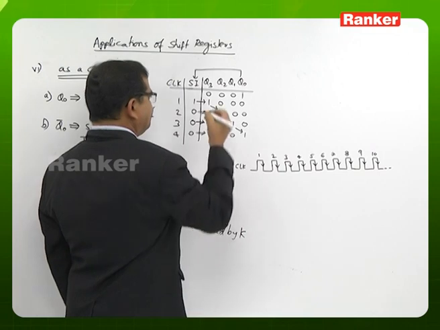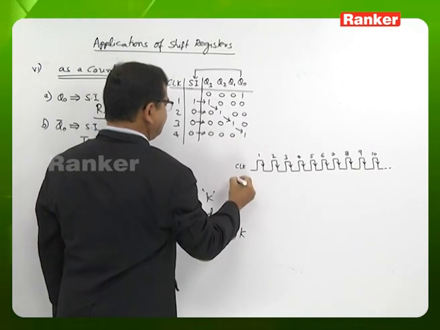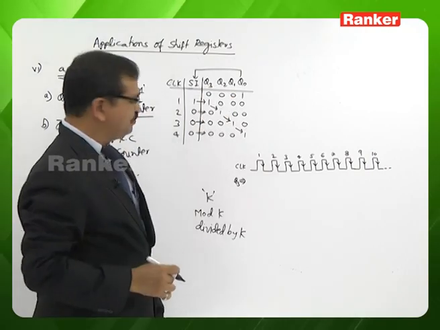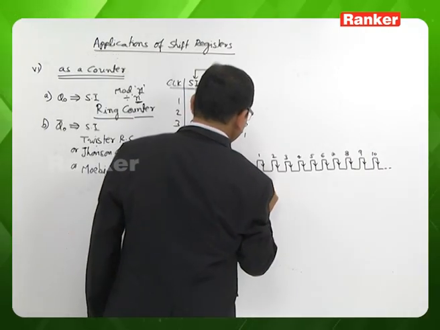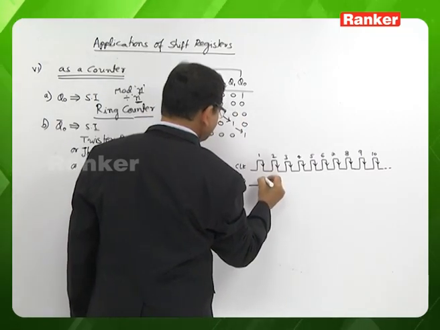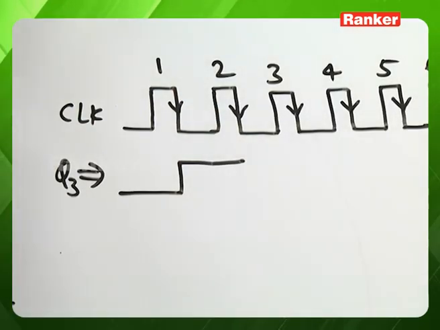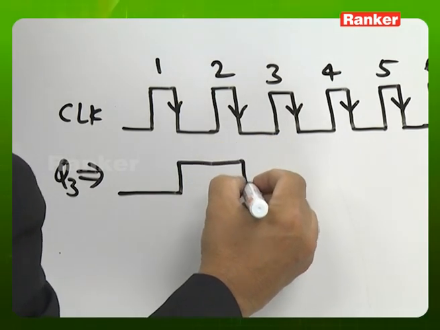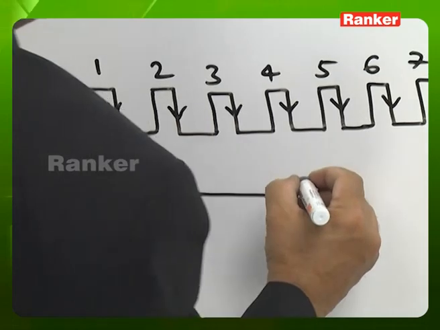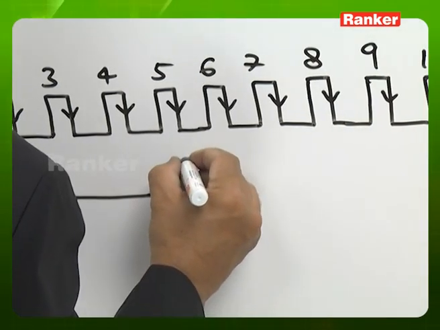If you look at Q3, initially it is 0. After the first clock pulse, it becomes 1. After the second clock pulse, it is 0. And so on. After the fifth clock pulse, again it becomes 1.